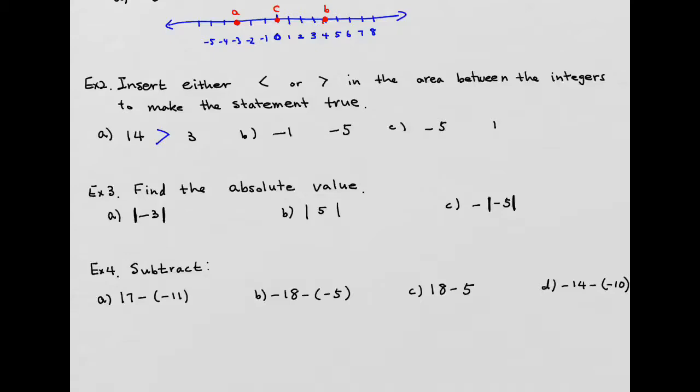So number line, -1 is here, -5 is there. So right side is bigger, so -1 will be bigger. -1 is greater than -5 is how you read this. And if you wanted to compare -5 with +1, always positive number greater than negative numbers. And you read as -5 less than 1.